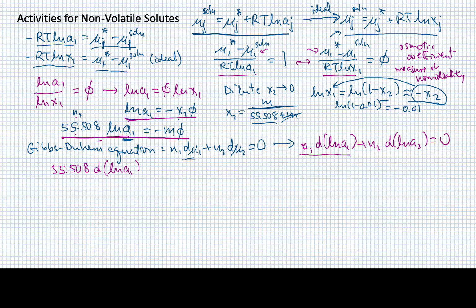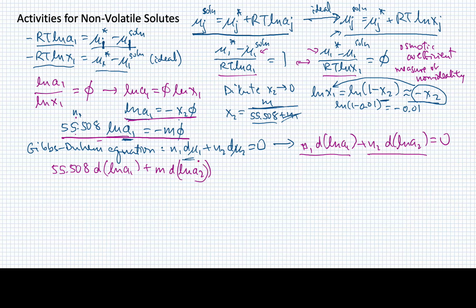What about this thing? Well, this is going to be the effective number of moles, which is given by the molality in this case. So it'll be the molality times the differential of the log of A2.